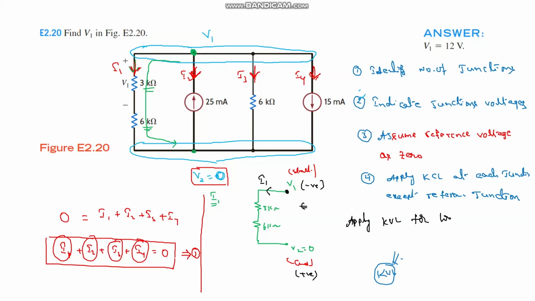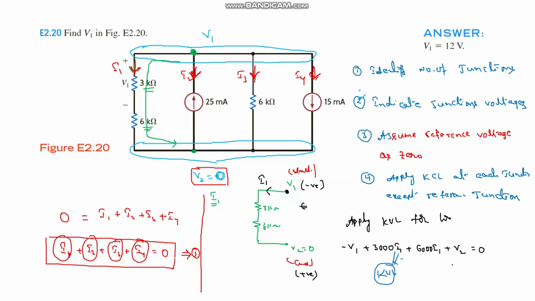Since the starting point is assumed as negative, it is minus V1 plus 3 kilo ohm resistance, that is 3000 I1, plus 6000 I1, plus the end voltage V2, which is equal to 0.